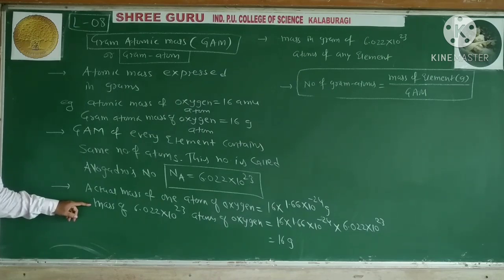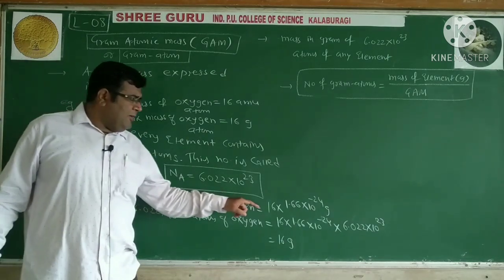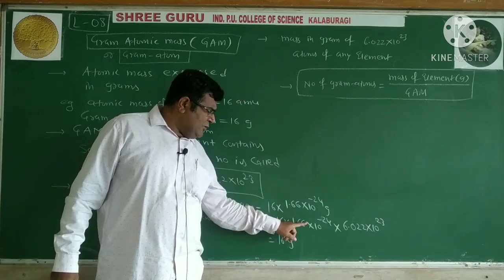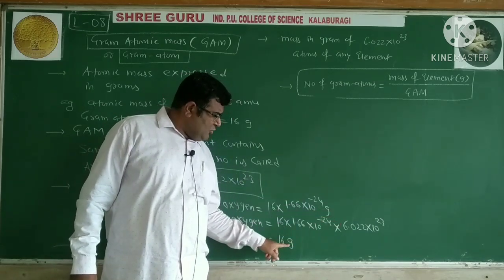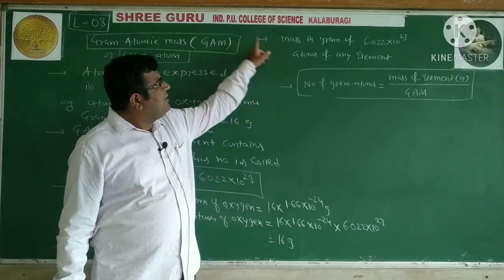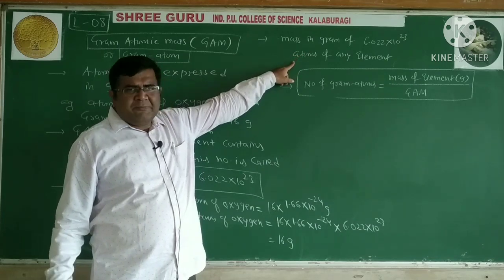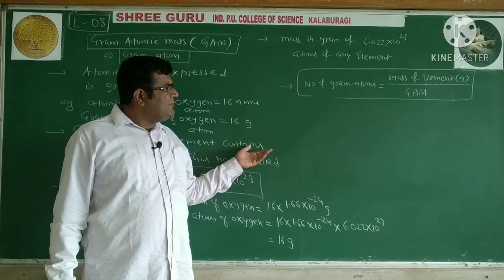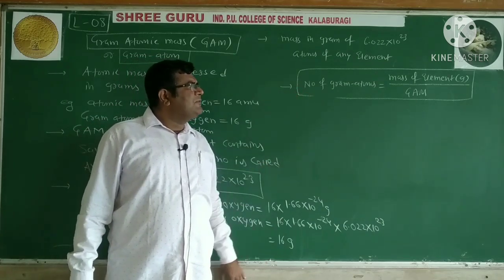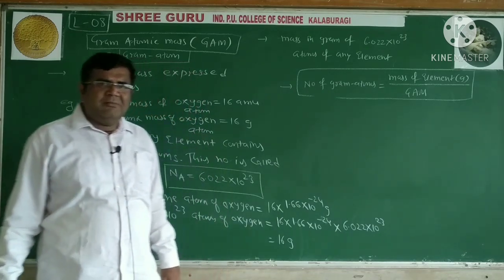That's why mass of 6.022 into 10 to 23 atoms of oxygen is equal to 16 multiplied by 1.66 into 10 to minus 24 for one atom, multiplied by Avogadro number of atoms. That happens to be 16 gram. So you can say gram atomic mass is nothing but mass in gram of Avogadro number of atoms of any element, not only oxygen. It is applicable to any element. The number of gram atoms is equal to mass of element in gram divided by gram atomic mass.